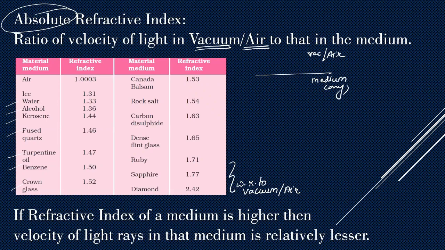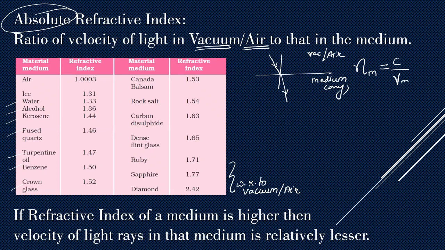There is no other medium rarer than air or vacuum. So can I say that the velocity of light in air or vacuum will be highest because its optical density is lowest? Yes. So the refractive index of the medium will always be equal to the velocity of light in air or vacuum upon the velocity of light in that particular medium.